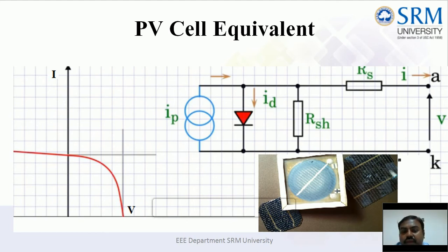The reason behind showing the PV cell as a current source is that the current magnitude of a PV cell is directly proportional to the irradiation. If you take a 100 watt panel, you can see its VMP voltage will be 17.5 and the current will be more than 5 amps. Of course, the current rating is higher. Therefore, the PV cell is always represented as a current source.